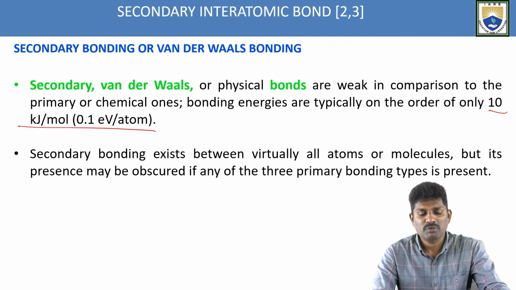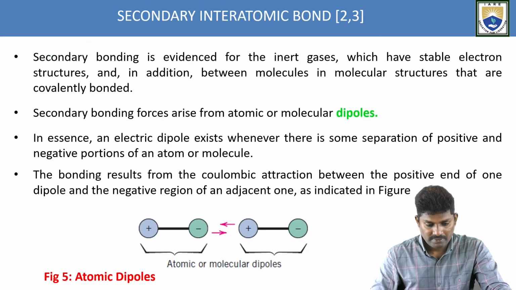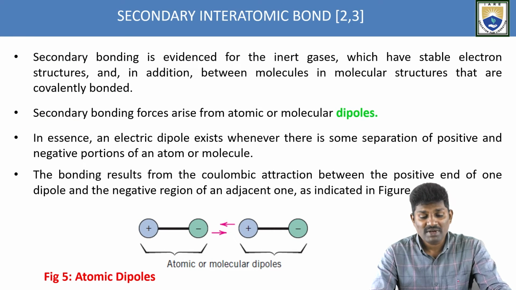Secondary bonding exists between virtually all atoms or molecules, but its presence may be obscured by any of the three primary bondings which is present. The secondary bonding is evident for the inert gases, which have a stable electron structure. So where can you find secondary bonding? It can be found in the inert gases.